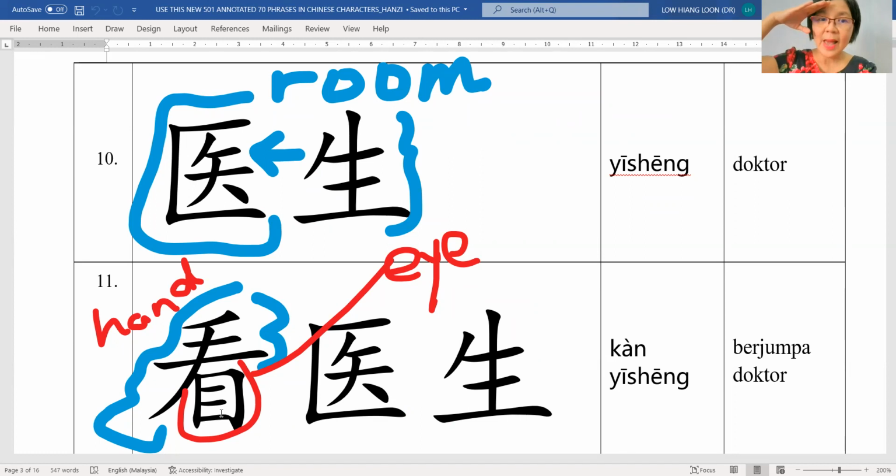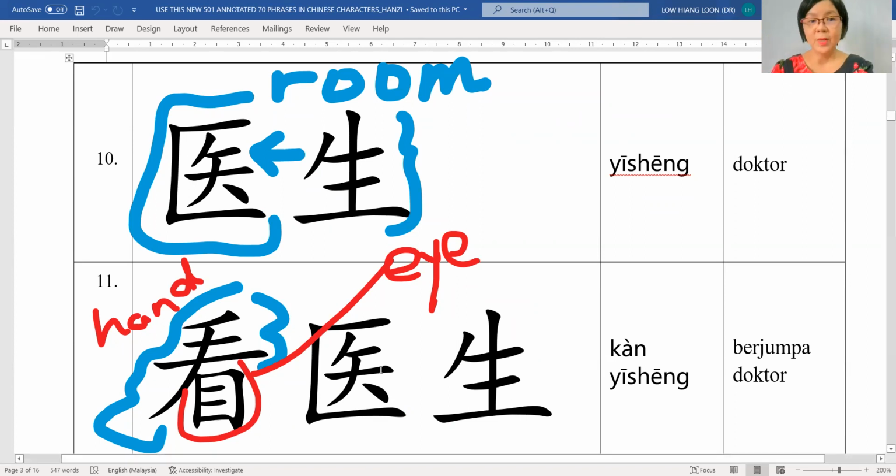So this is an action of looking, 看. So 看什么? Tengok apa? 看医生 means that actually you berjumpa doctor.